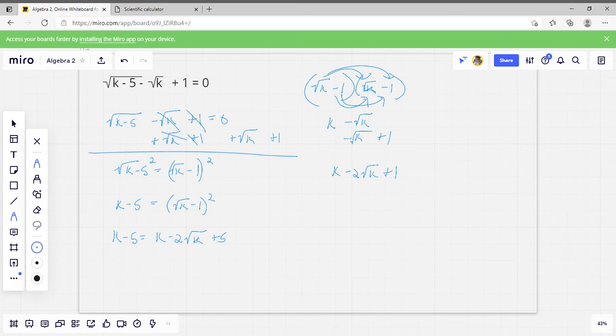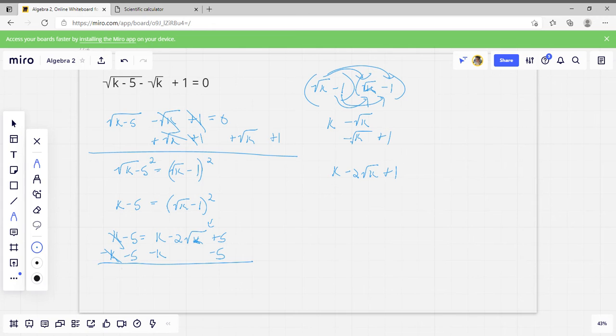Now we have to isolate this guy by itself so that we can square it. So we're going to get rid of this k and get rid of this 5. Okay, so those cancel each other.